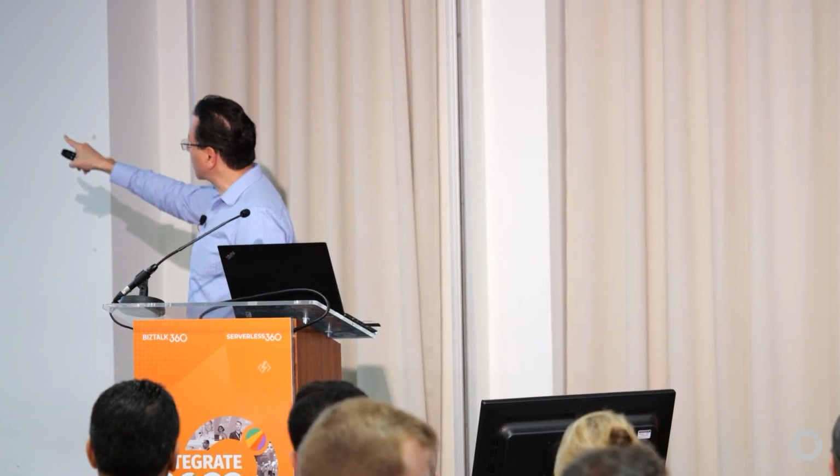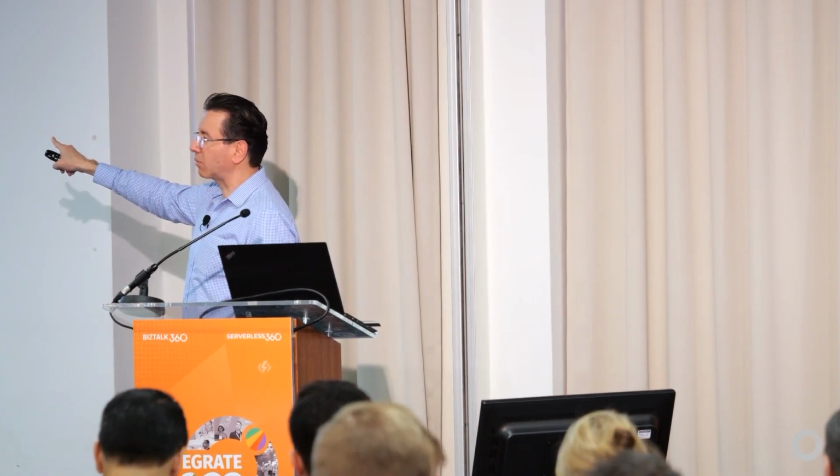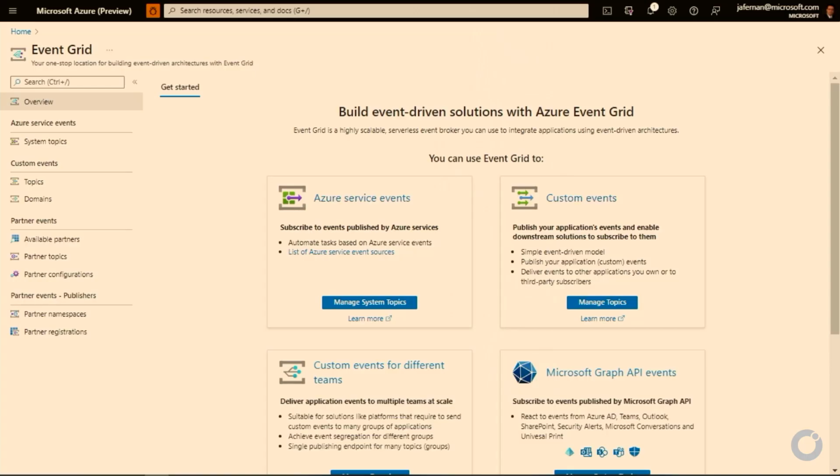Your requirements are expressed in the first sentence. For example, in the first card, if you want to subscribe to events published by Azure services, then you should be using system topics, and the button reads Manage System Topics. This should help you decide what kind of resource you want to use for Event Grid.